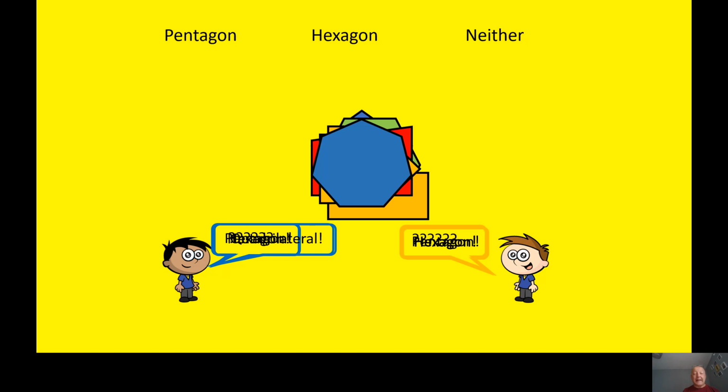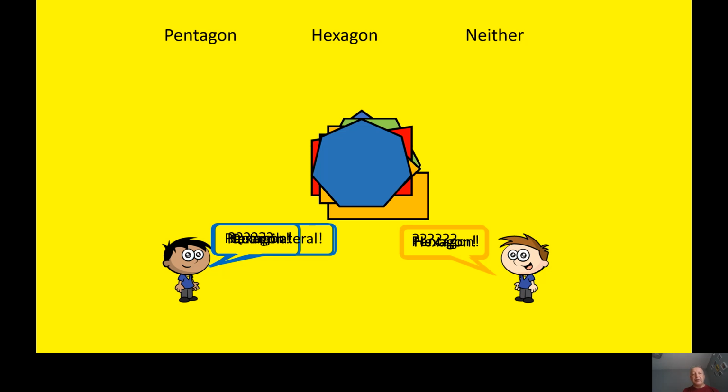And therefore it's neither a pentagon or a hexagon. What about this one? Pentagon. It might be slightly positioned differently, but it's still a 5-sided shape, and therefore it's still a pentagon.